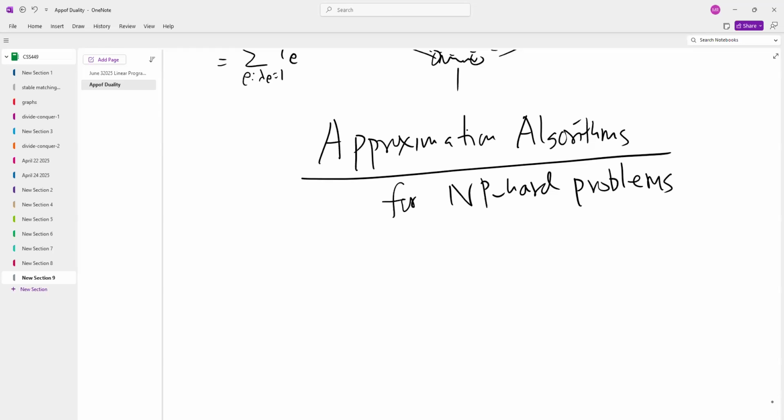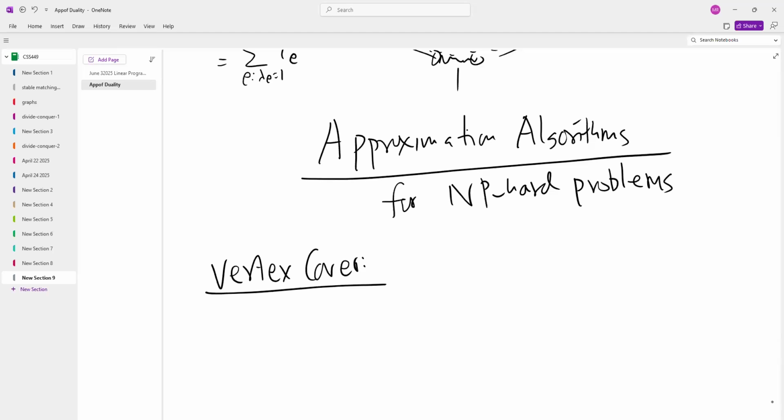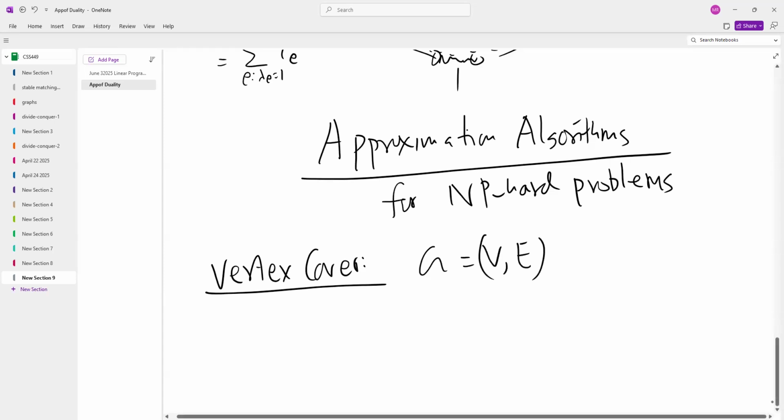So if you, for example, recall we had the vertex cover problem, right? Do you remember the vertex cover problem definition? Not quite. Okay. So we are given a graph, right?